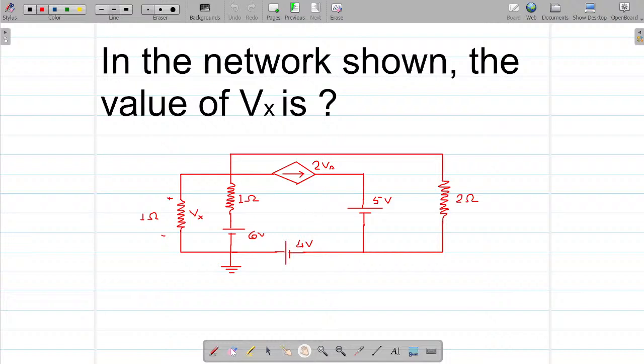Let me just amend it for you. It is Vx. Now, look at the dependent source and tell me what kind of source is given to you in the question.